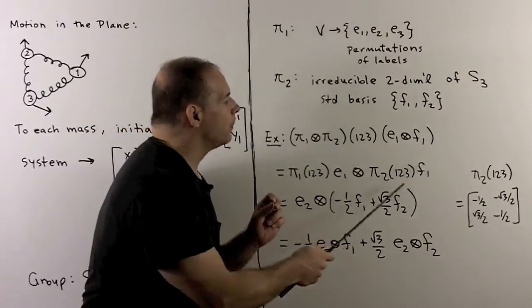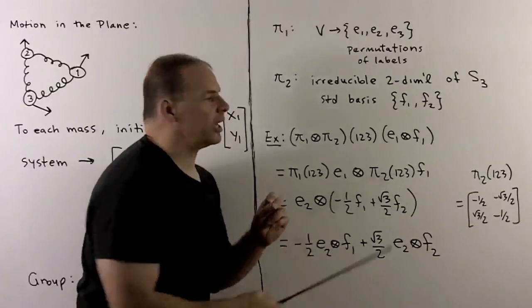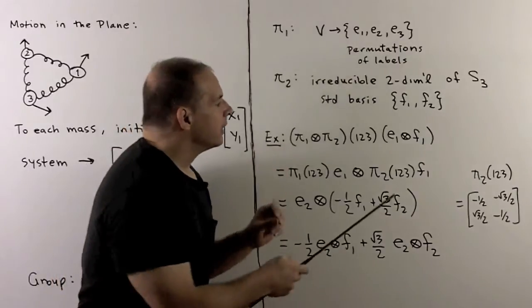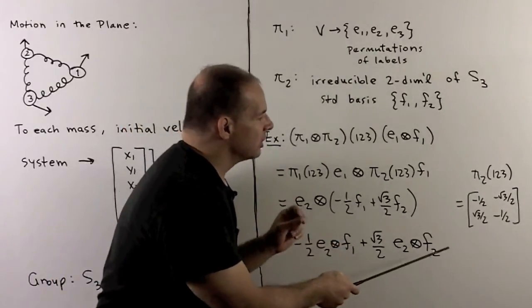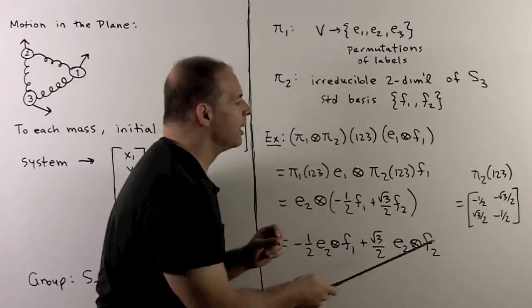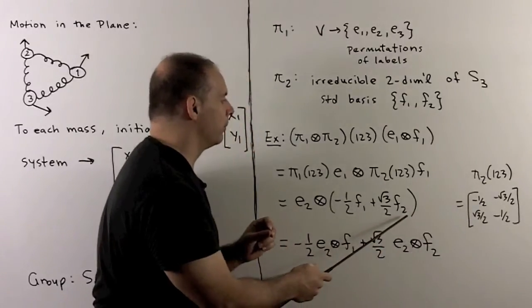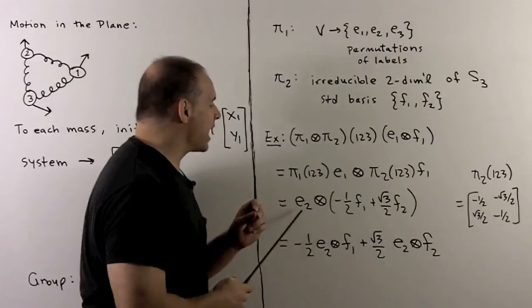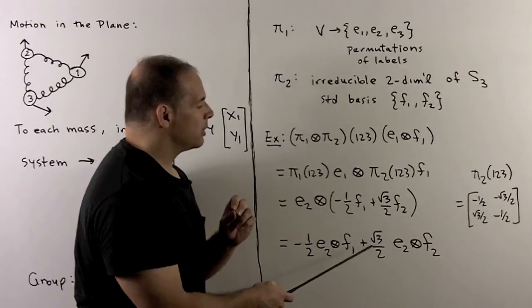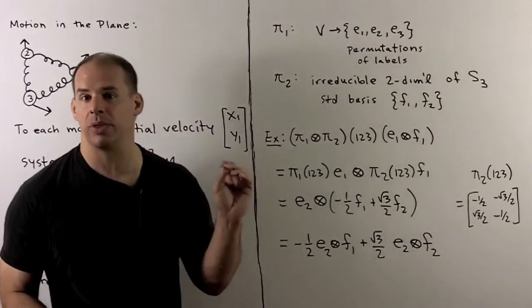For the second part, we're doing the action of (1 2 3) on R2. With respect to the standard basis, we have this matrix here. So F1 is going to go to minus a half F1 plus square root of 3 over 2 F2. Then we can expand this out to get the tensor minus a half E2 tensor F1 plus square root of 3 over 2 E2 tensor F2.